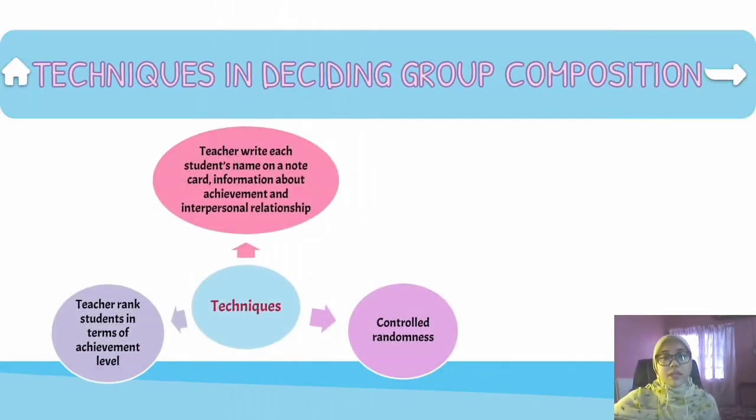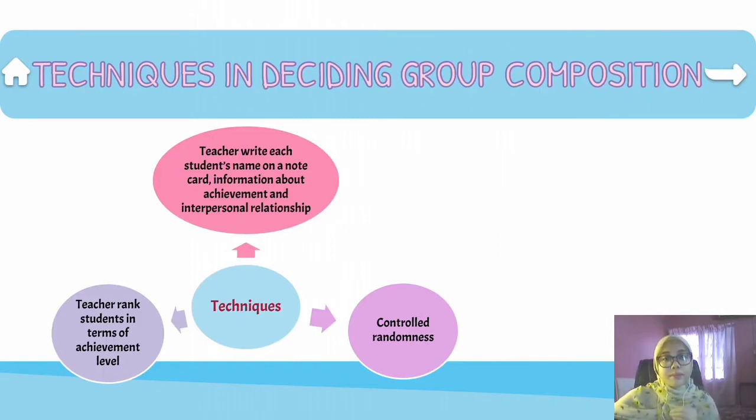So there are three techniques in deciding group composition. First, the teacher writes each student's name on a note card, with information about achievement and interpersonal relationships. Besides, the teacher ranks students in terms of achievement level and assigns a top-ranked student and a bottom-ranked student to each of the groups.